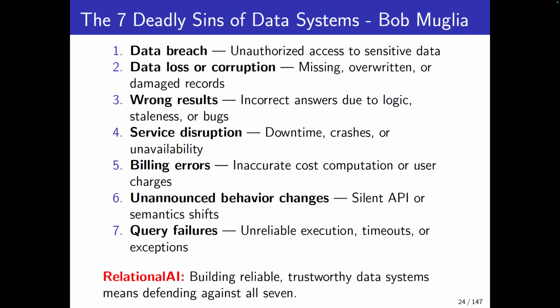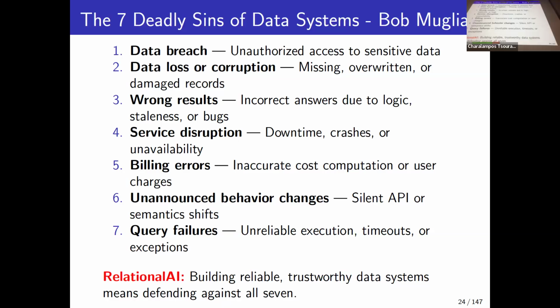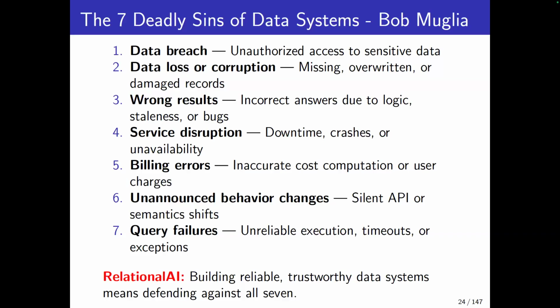Service disruption, it's very common, unfortunately, and there's a lot of effort in industry to make sure that the service is not getting disrupted. Billing errors, unannounced behavior changes, and query failures. So these are 7 things that you need to avoid if you want to be reliable to your customer.